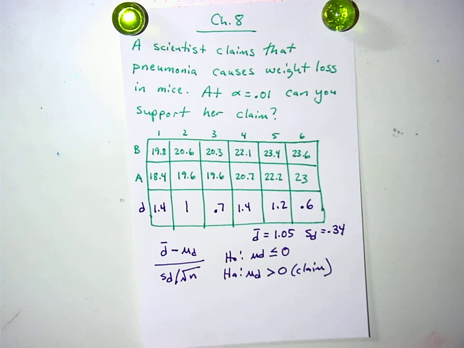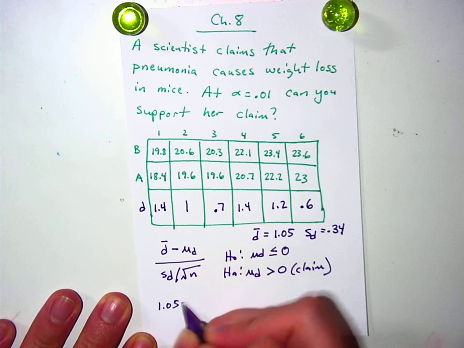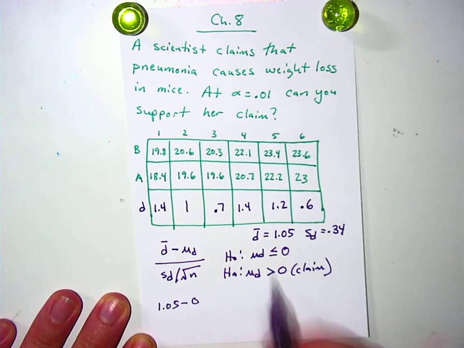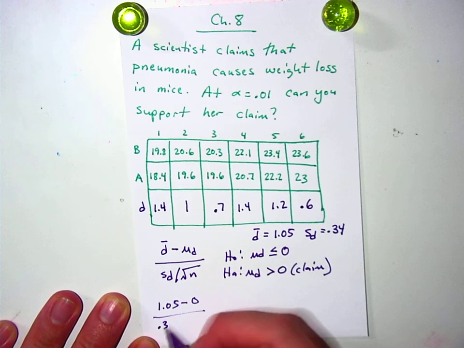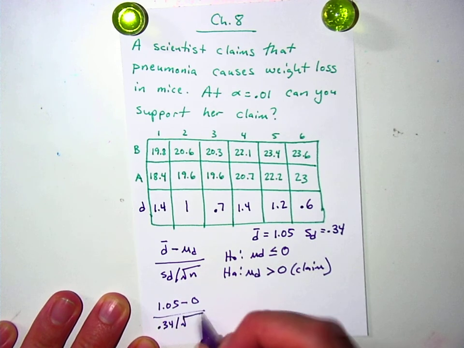Alright, so if I start plugging stuff into my formula, I get 1.05 minus 0, divided by s sub d, 0.34, divided by the square root of n, which is 6.